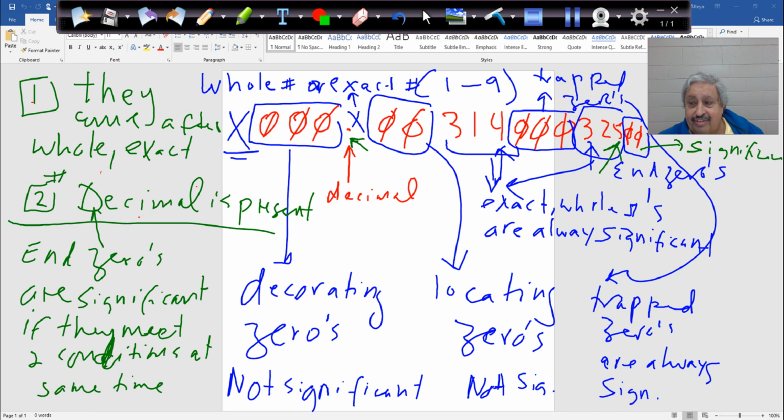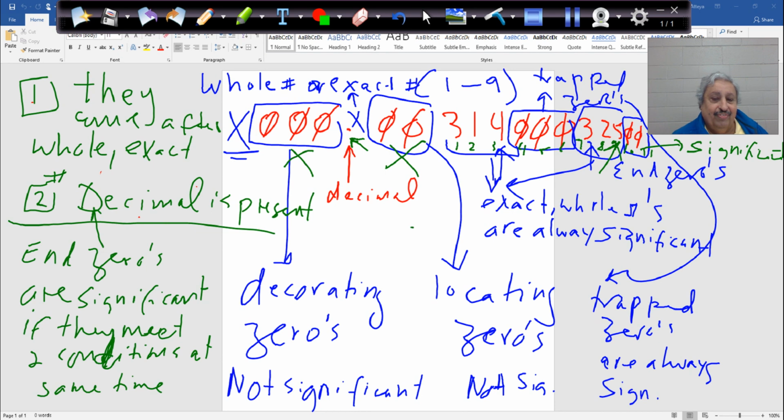Those are significant. So how many now we have? Those 2 zeros are not significant. The 3 are the whole number, yes. So we have at the top one, yes, the end zeros, yes, and the exact number, yes. So we have 1, 2, 3, 4, 5, 6, 7, 8, 9, 10, 11.